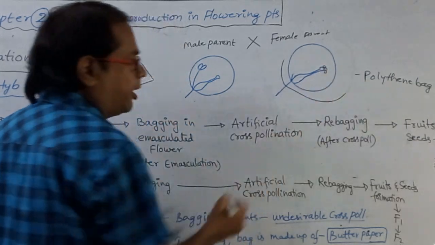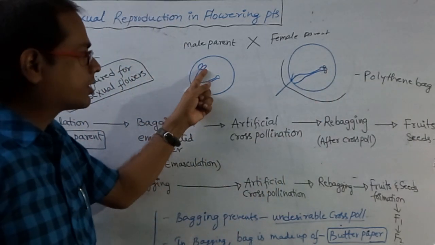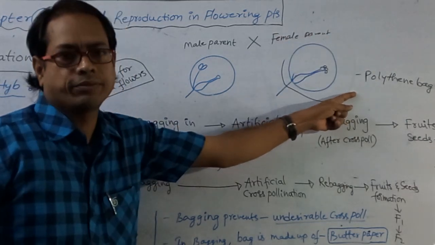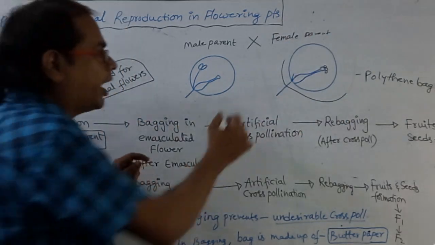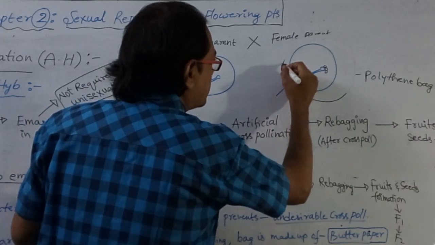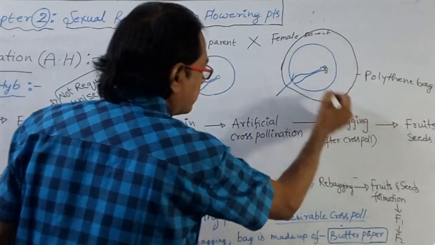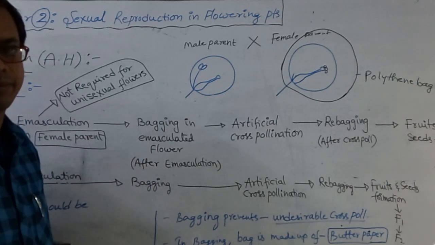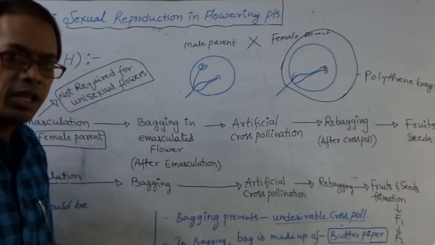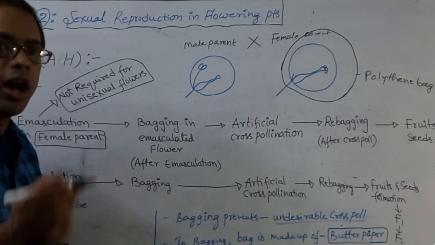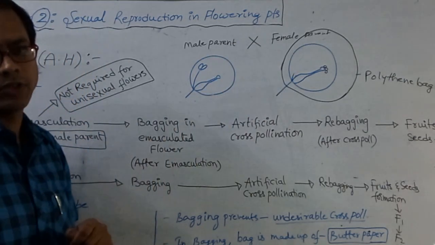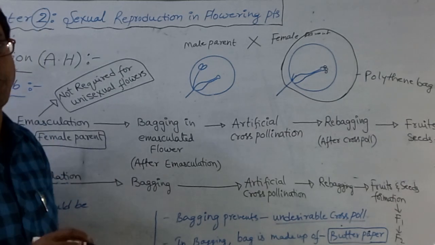After that, the flower is closed again with the polythene bag. This process is called rebagging. It should be done after artificial cross pollination.